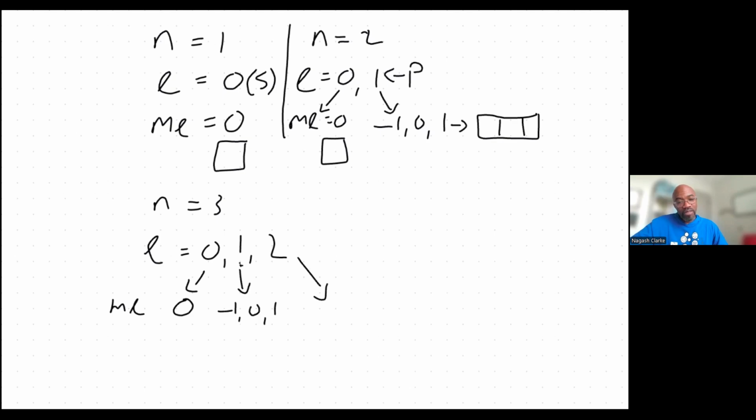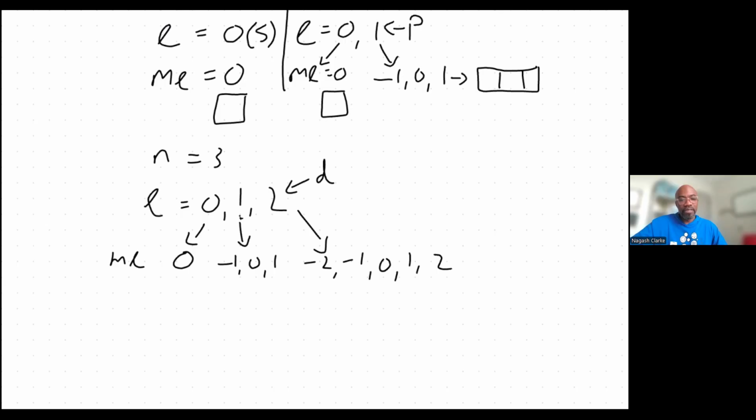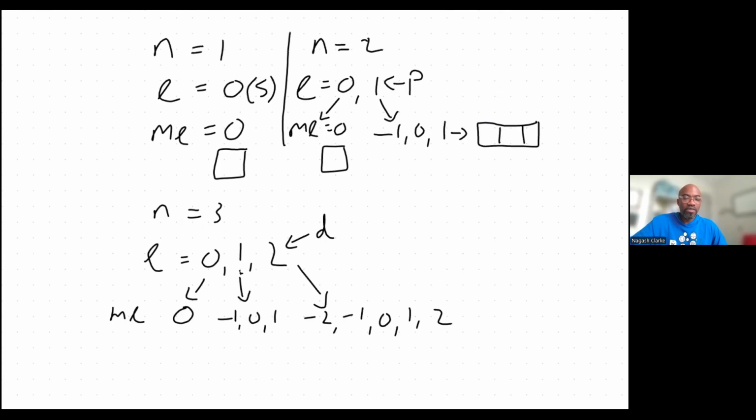When I see a 2, that's a D. My D, we have -2, -1, 0, 1, and 2. So I have 5 boxes for my D orbitals. So my D only starts at n equals 3. My P starts at n equals 2, and at n equals 1, there's only an S.